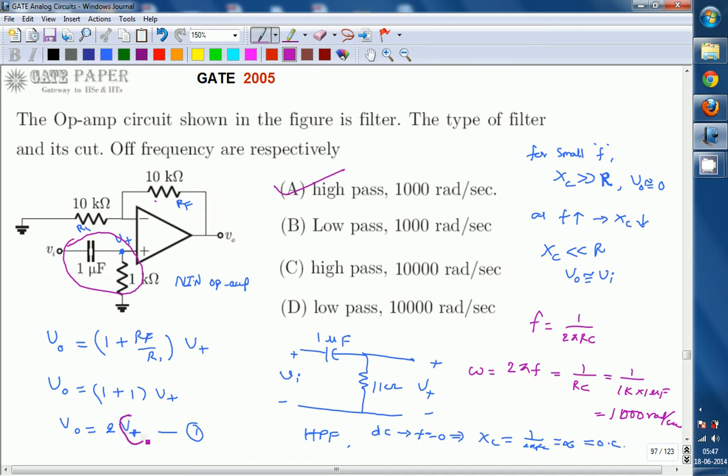V plus is the output of the high pass filter, which is now multiplied by 2. You can use a different Rf value to get more and more gain. So for the high pass filter, we are now able to provide gain also by using the op-amp. So this network is acting as a high pass filter with cutoff frequency 1000 radians per second. The right option is A. Thank you.